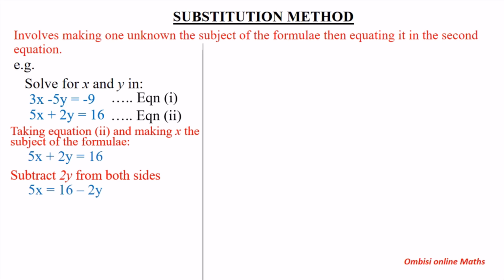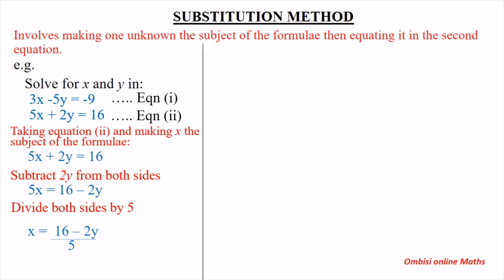At this particular juncture, we divide by 5 both sides. And when you divide by 5 both sides, you end up with x equals 16 minus 2y, divided by 5. So we have established that the value of x is (16 minus 2y) over 5.